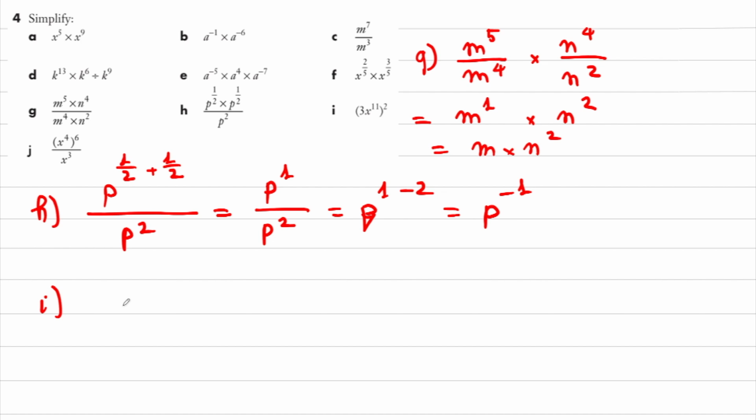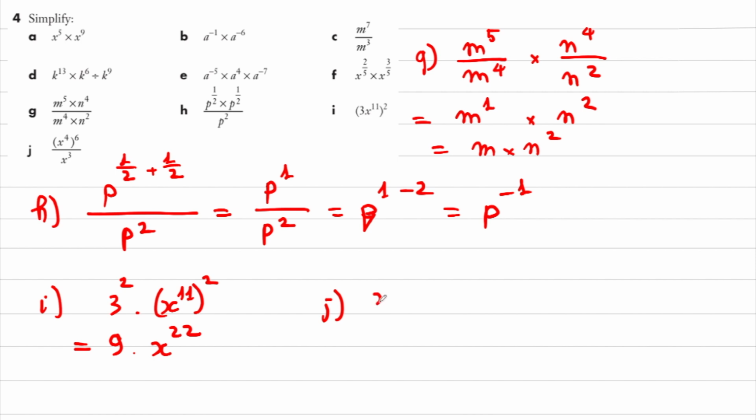Question I. Square outside this bracket, so I will apply square to both base numbers. The first base number is 3 square, and the second one is h to the power of 11. Square of 3 is 9, and 11 times 2, you get 22. The next one is J.